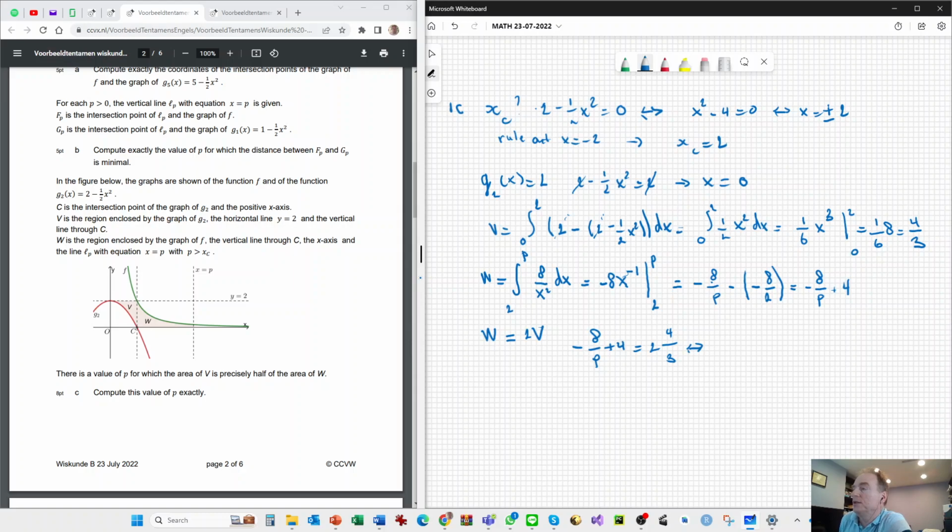Simplify it a little bit. Minus 8 over p is 8 over 3 minus 4, and this is 12 over 3. So 8 minus 12 is minus 4, so minus 4 over 3.